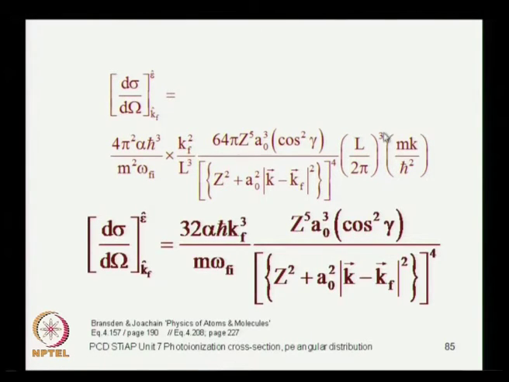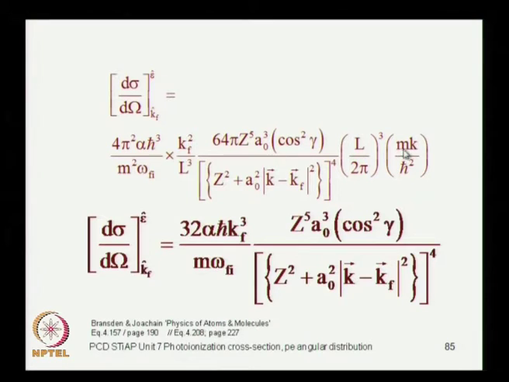So, now you can cancel all the terms, and then you have various terms that you can combine. So, L cube cancels L cube, and you had a 64 over here, but there is a 1 over 2 to the power 3. So, there is a 1 over 8 here. So, this 64 by 8 into 4 is what gives you this 32. Okay. So, you get this 32 alpha h cross, then there is a kf cube coming in.